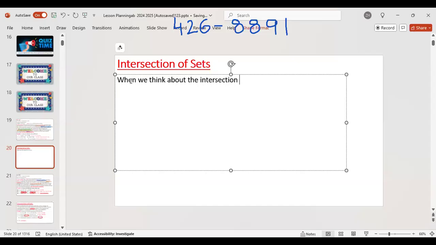So when I say intersection, what words come to your mind? What words come to your mind when I say intersect?